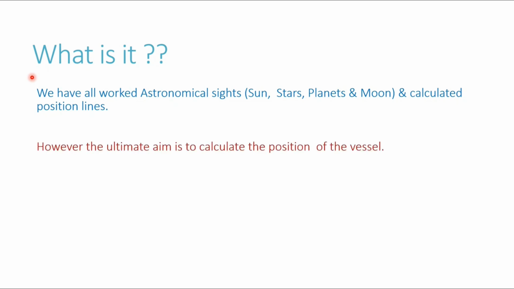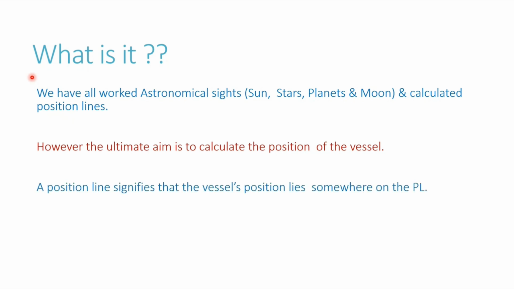Now, the ultimate aim of the navigator is to fix the vessel's position. So the ultimate result which we want from this exercise of site taking or observations is that we should be able to fix up the position of the ship. If we have a position line, it just signifies that the vessel's position lies somewhere on that position line.